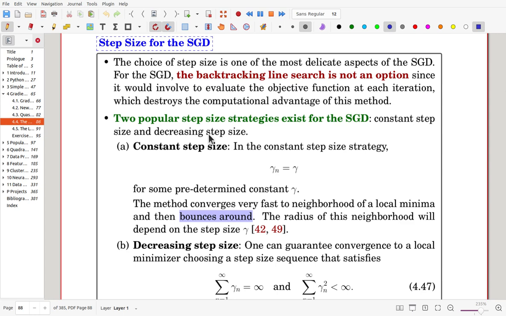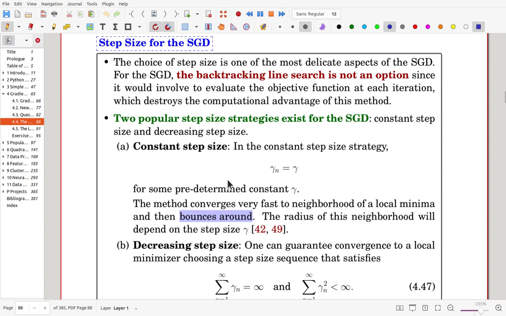There are two popular step size strategies for the method. One is constant step size, and the other is decreasing step size. Constant step size is quite simple. For every iteration, you use a constant gamma.